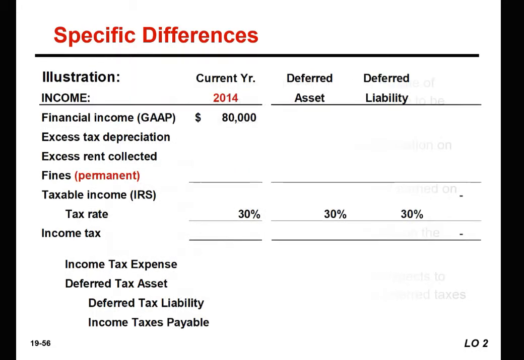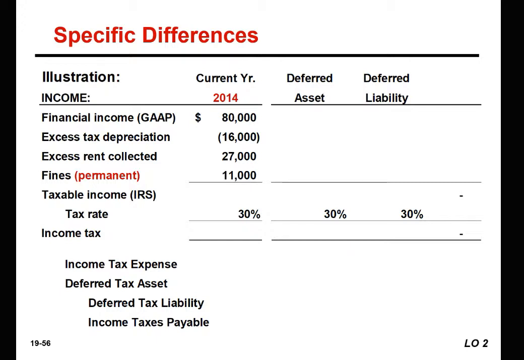So let's go into using a columnar spreadsheet type of situation. We start with our financial income for the current year. We have to remove excess tax depreciation. We need to add the rents collected.